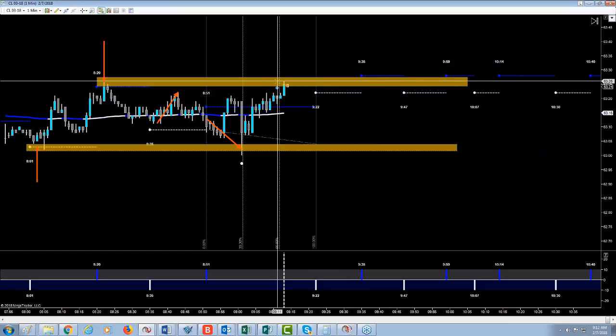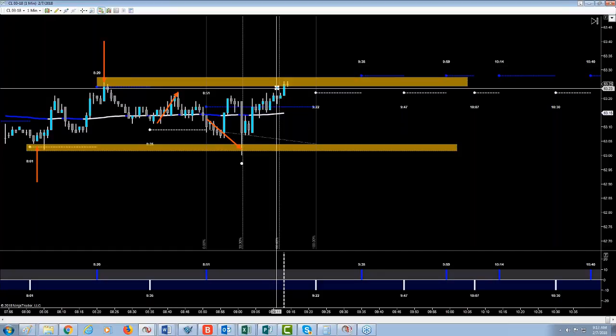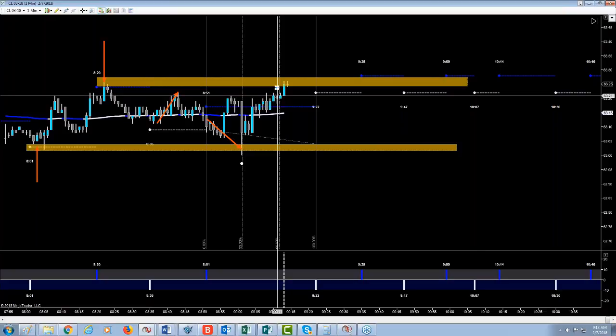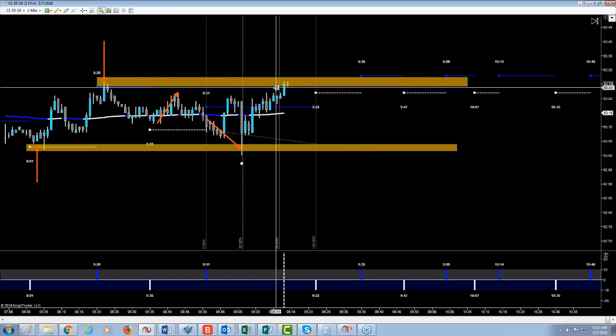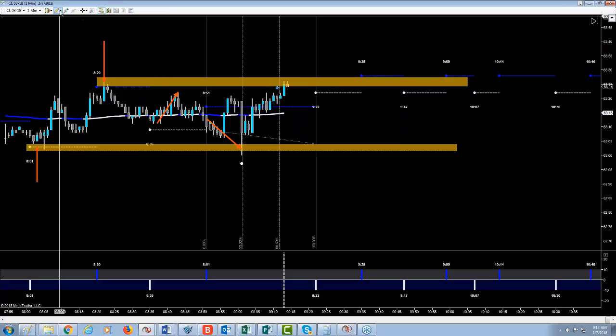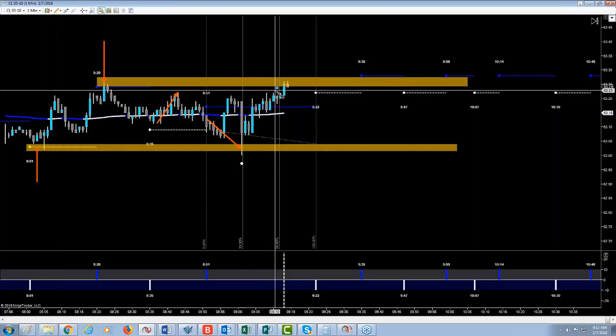If you're counter trend right now, we have just double topped. Here the high was 21, so plus 3 is 24. This is, if you're a trend trader, a puncture.